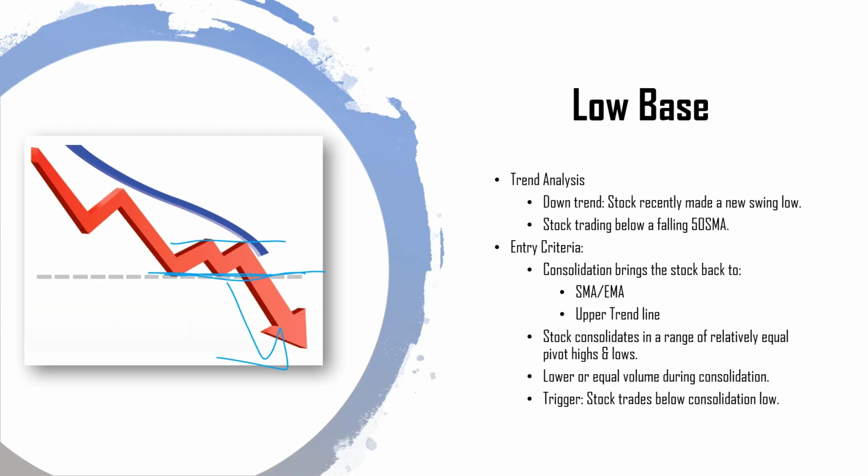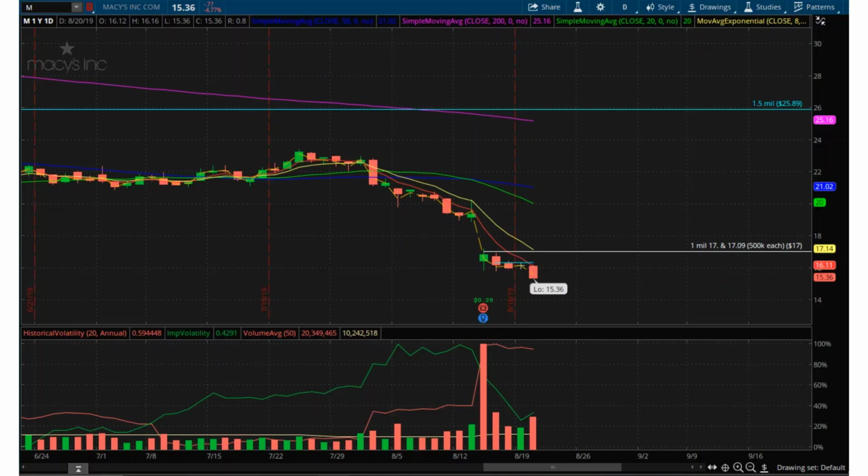And I've got a live example of that. Oh, there it is. Okay. This is Macy's. I had to go into my trading journal to find a bunch of these bearish plays, but this was last August. So, see, it was after earnings, it gapped down. Very, very tight consolidation around the $16 price, and then once it broke these lows, I entered short.